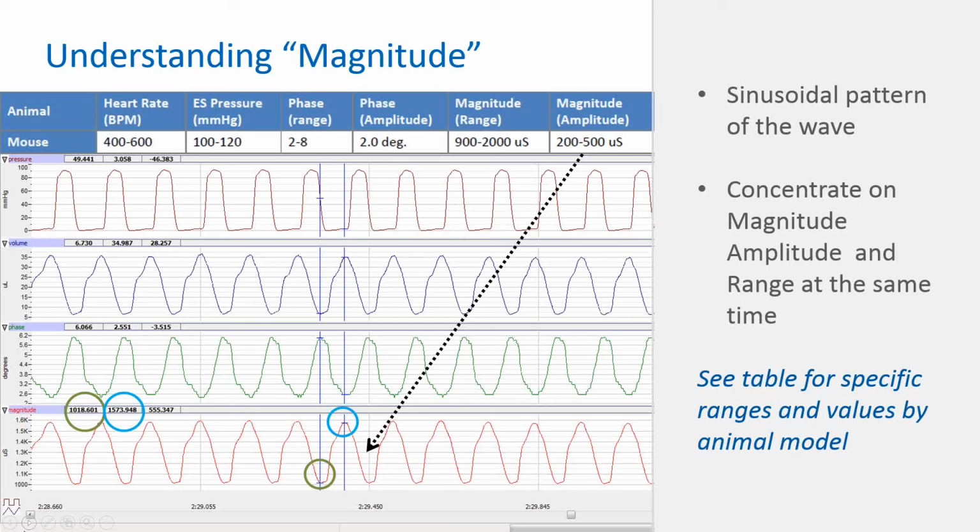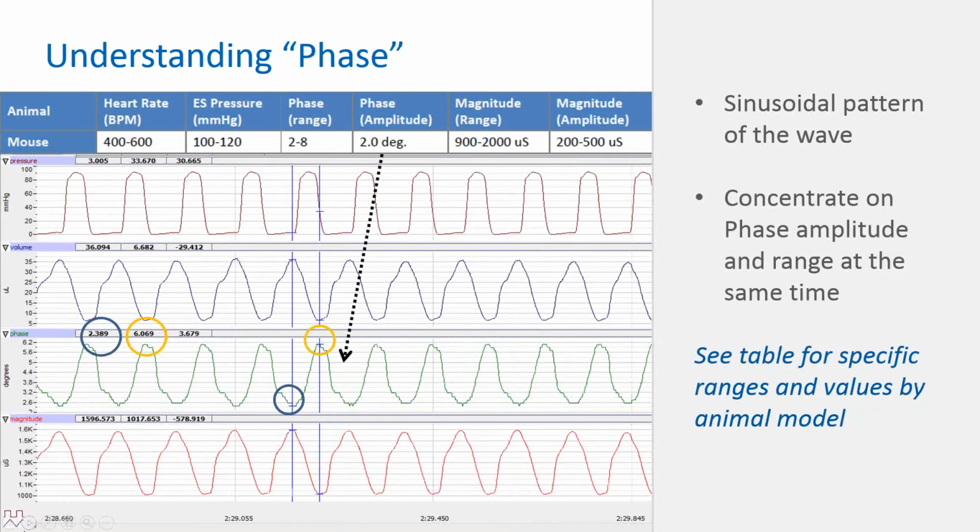When the catheter is inside the ventricle, please try to maneuver the catheter such that you obtain ranges between 900 to 2000 for mouse, example here, or with 200 to 500 amplitude. Please also try to have a sinusoidal pattern of the waves as pictured here on the slide.